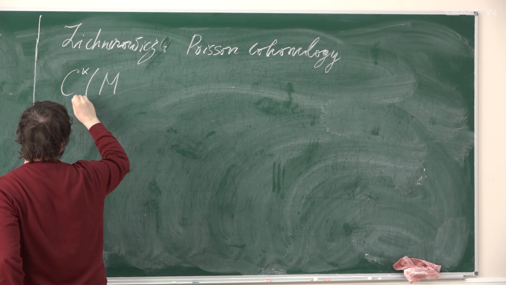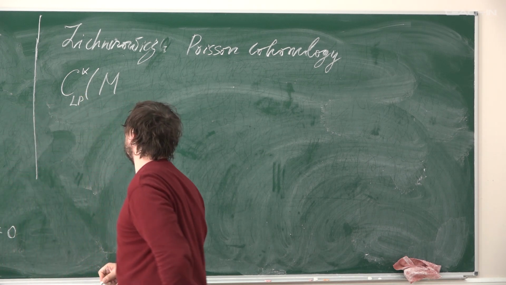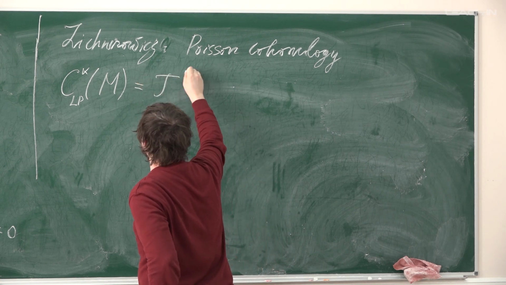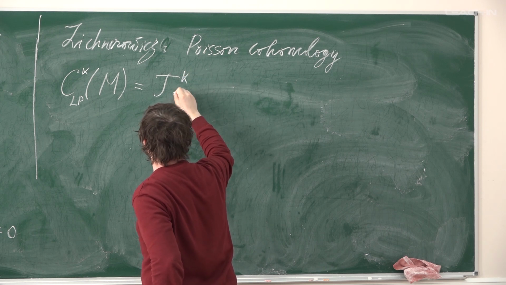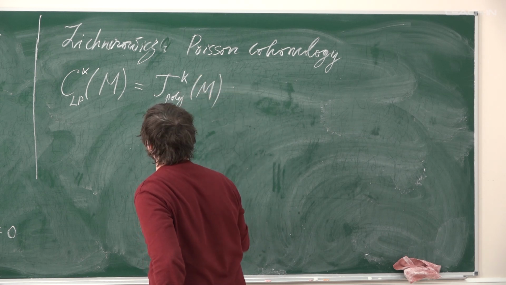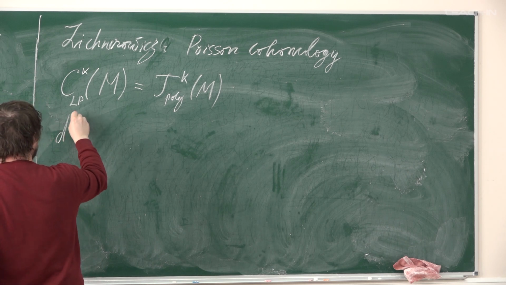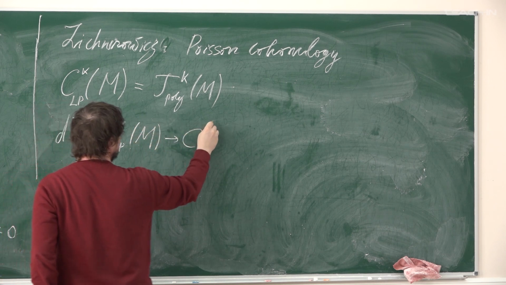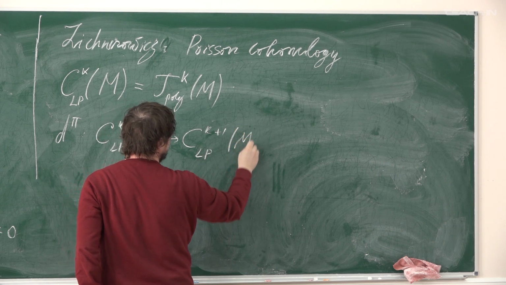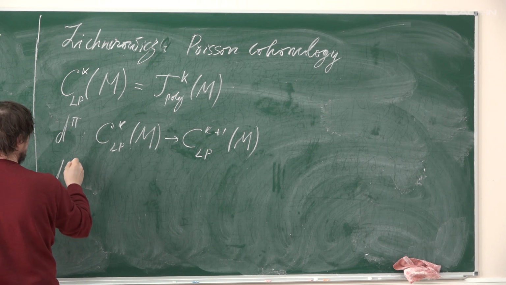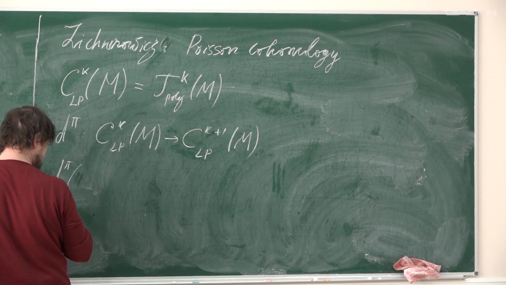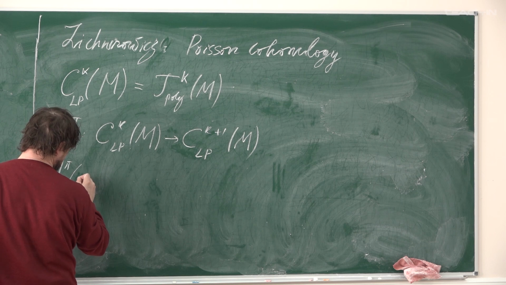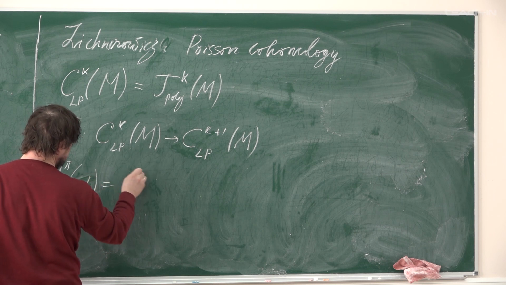Let us denote LP here, let's put LP here for Lichnerowicz-Poisson, to be equal to the space of k-vector fields on M. And the differential d_pi from C^k_LP(M) to C^{k+1}_LP(M) will be equal to d_pi of alpha, will be equal to the Schouten bracket of pi and alpha.